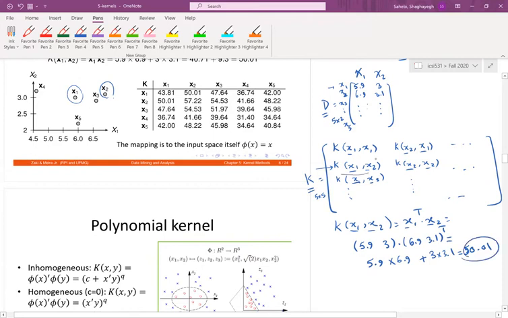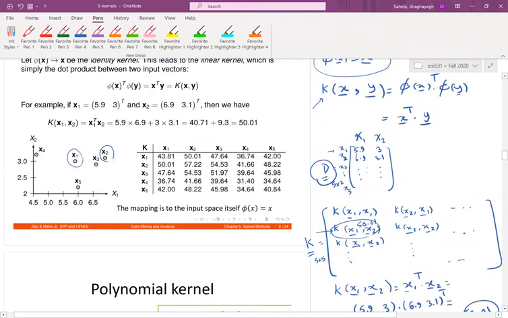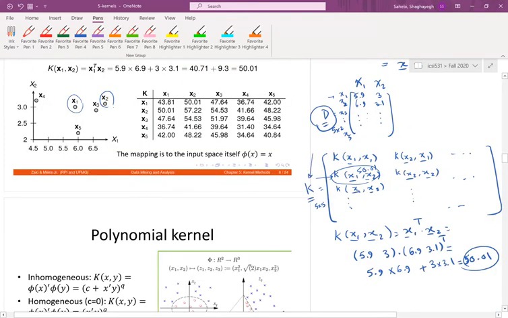So here in this matrix, I'm going to have 50.01. Similarly, I can have this for the rest of the combinations. So I get a mapping from the input space into the input space itself, because phi of x is equal to x, but I get to this kernel matrix. So this is the simplest kernel that one can have.